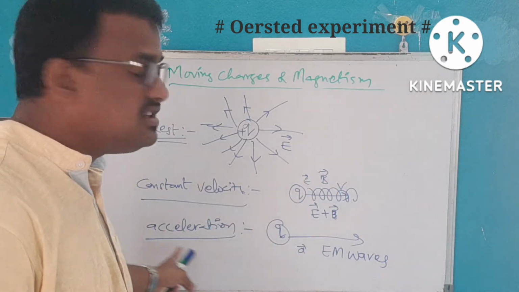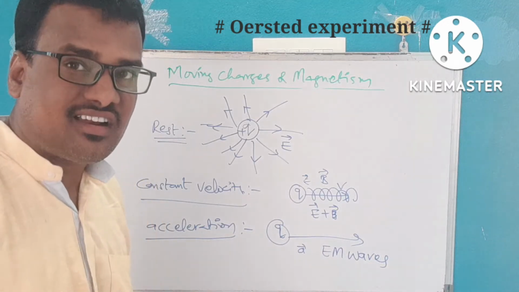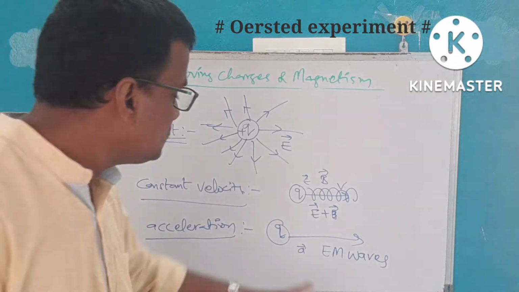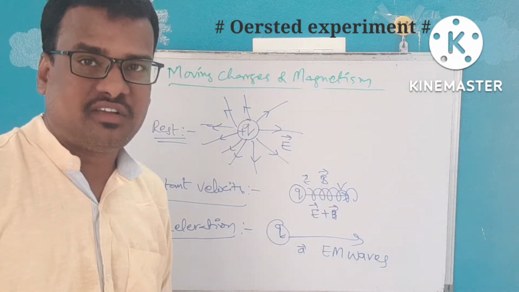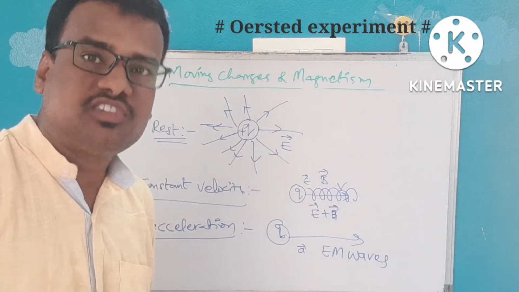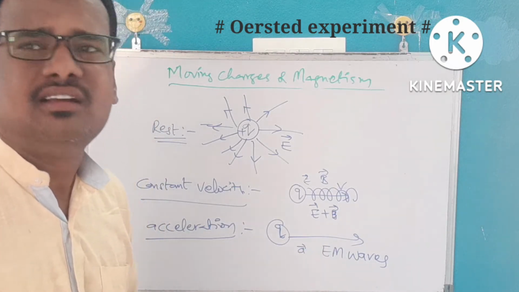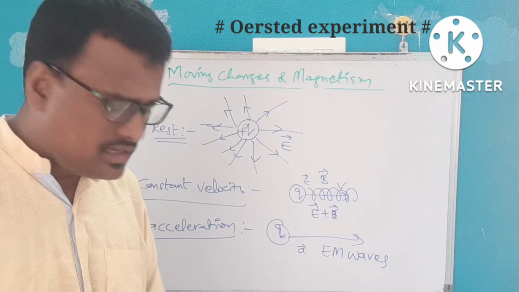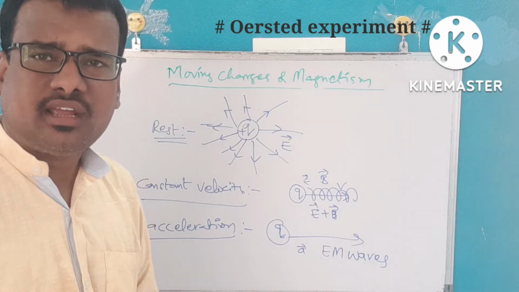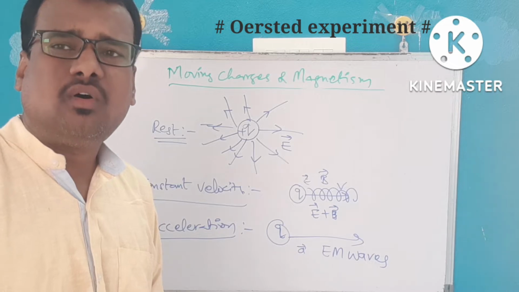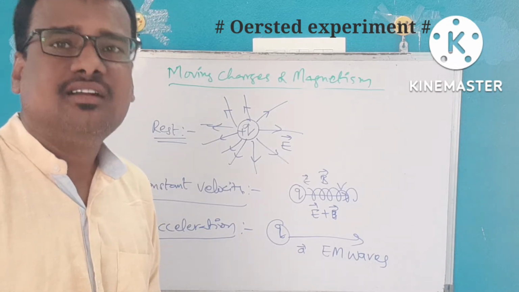But if the charged particle is accelerating, meaning the velocity changes with time, then electromagnetic waves are generated. An example of an electromagnetic wave is the light wave. Light is an electromagnetic wave. X-rays and gamma rays are also electromagnetic waves.